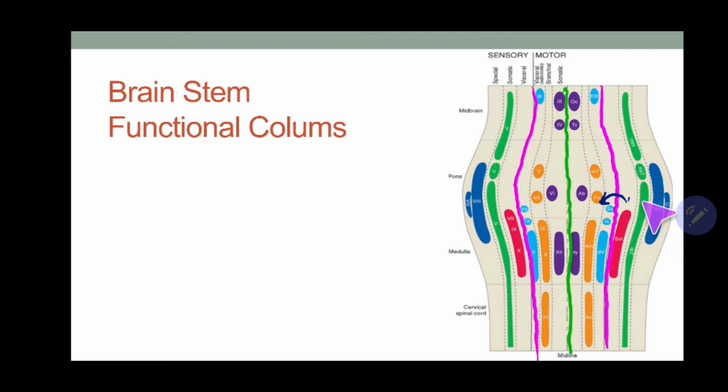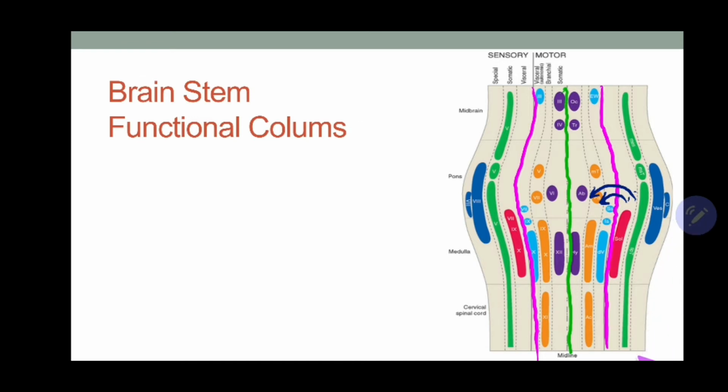Actually this is a combined thing, but the special visceral afferent will overlie, if you fold the image on this line, so this will overlap this. So special visceral afferent will overlie the special visceral efferent.